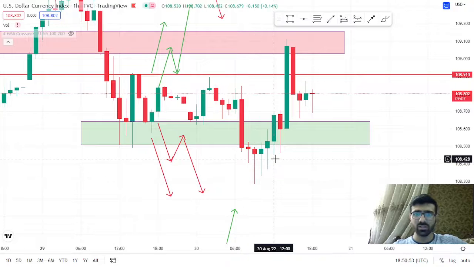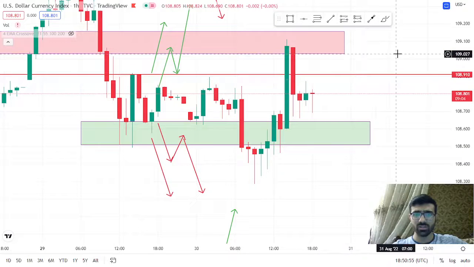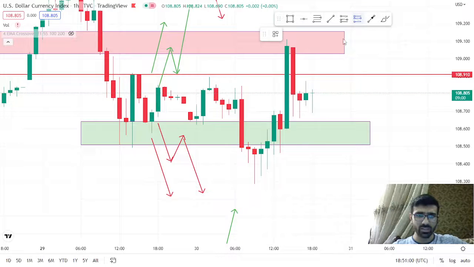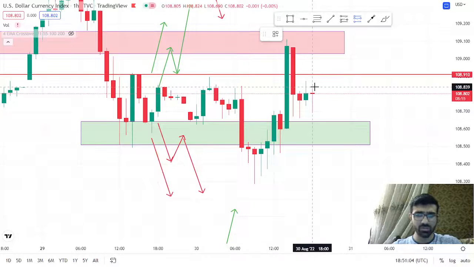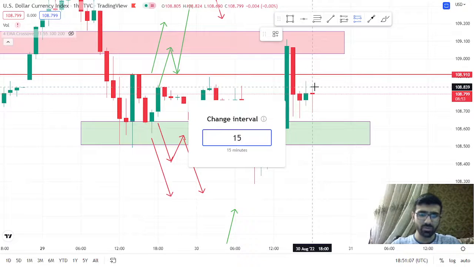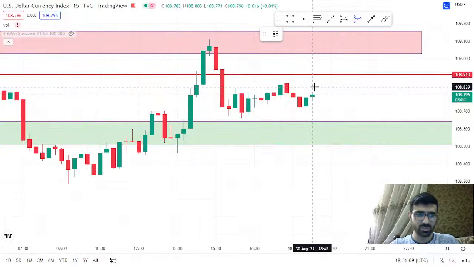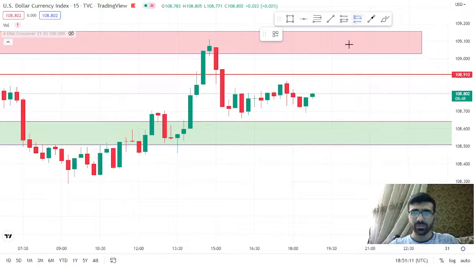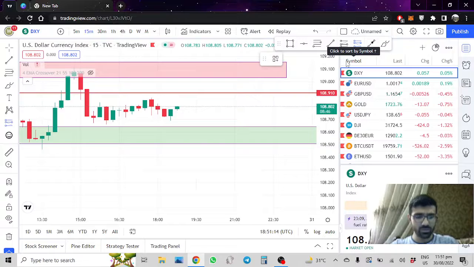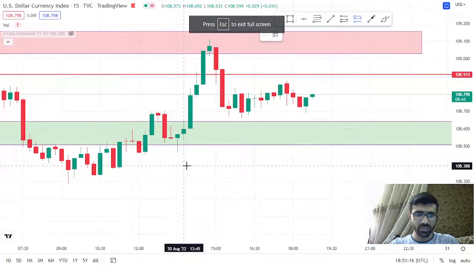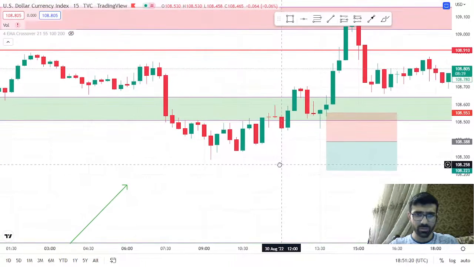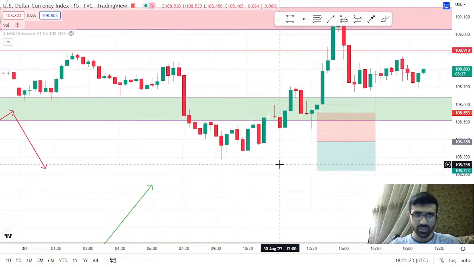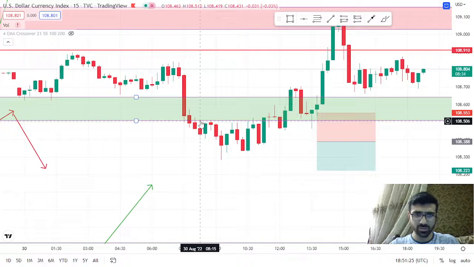For that, we can also take a sample trade, so you can have an idea. First of all, let us move to a smaller time frame on which you should have taken this trade. The entry point would be approximately when this area was broken and tested again.